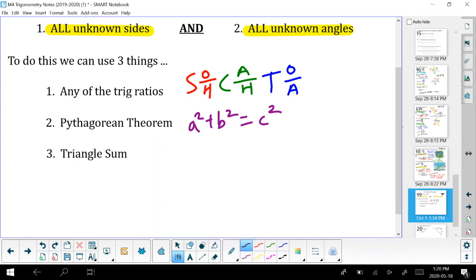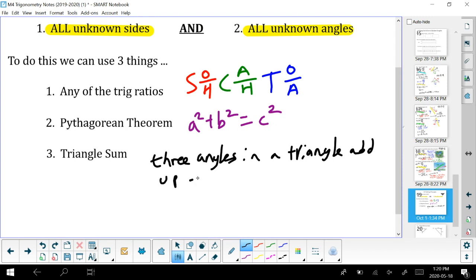And last but not least, your triangle sum. We know that all three angles in a triangle add up to 180 degrees. Now, you don't need to use all three tools for every single question that asks you to solve a triangle. It's really up to you, whatever you're more comfortable with.